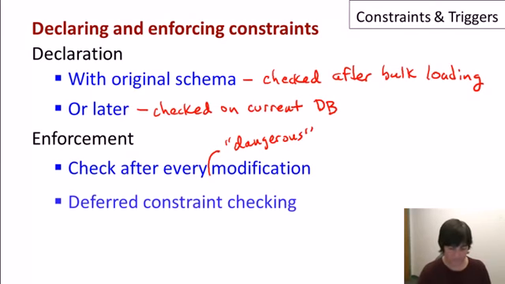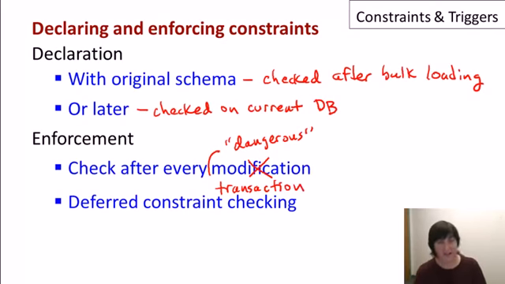There's also a concept known as deferred constraint checking. Deferred constraint checking says that sometimes we may want to do a whole bunch of modifications that during the modifications violate the constraint, but once we're done with all of them, the constraints will hold again. In that case, instead of checking after every modification, we check after every transaction.